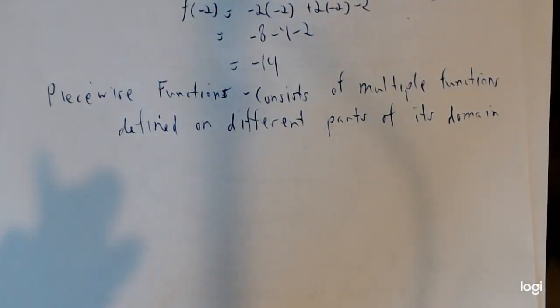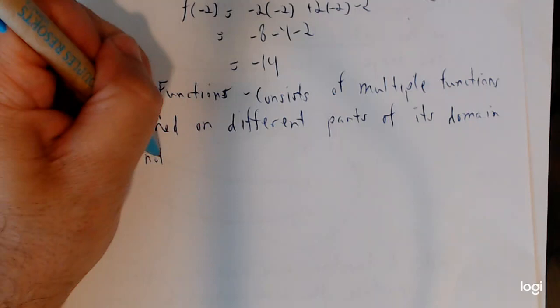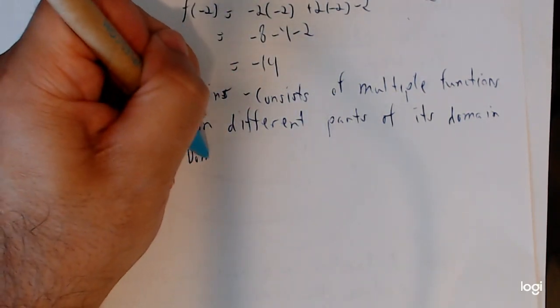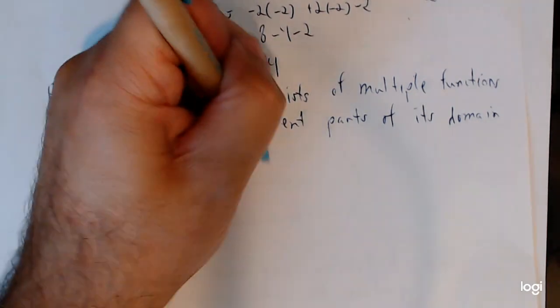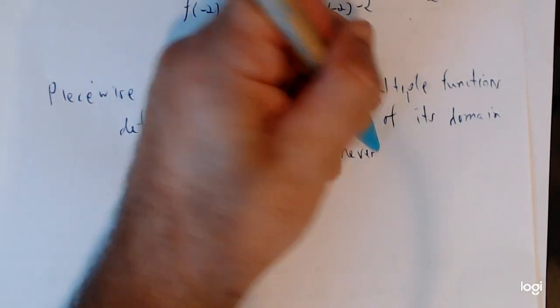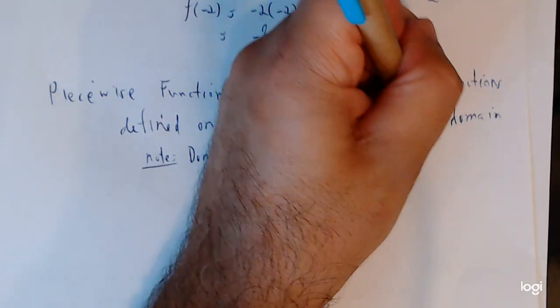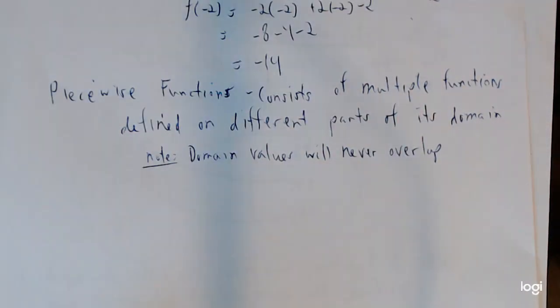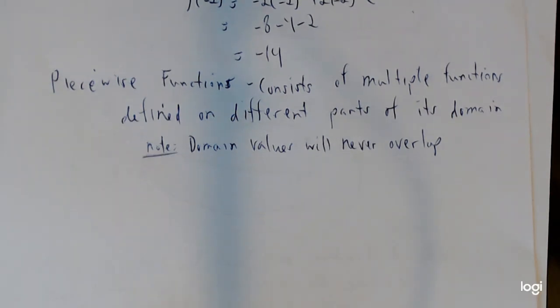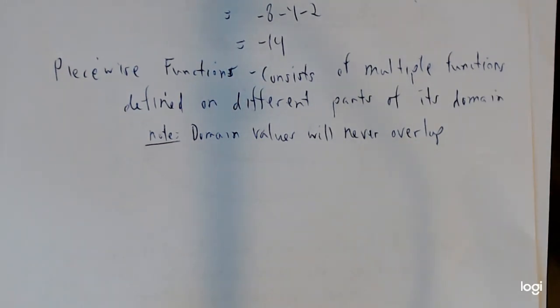Okay, so one comment I want to make, note, domain values will never overlap. And the reason being is we don't want the domain values to overlap because we want it to stay a function. So let's just jump into our next example, where you'll see how a piecewise function looks.